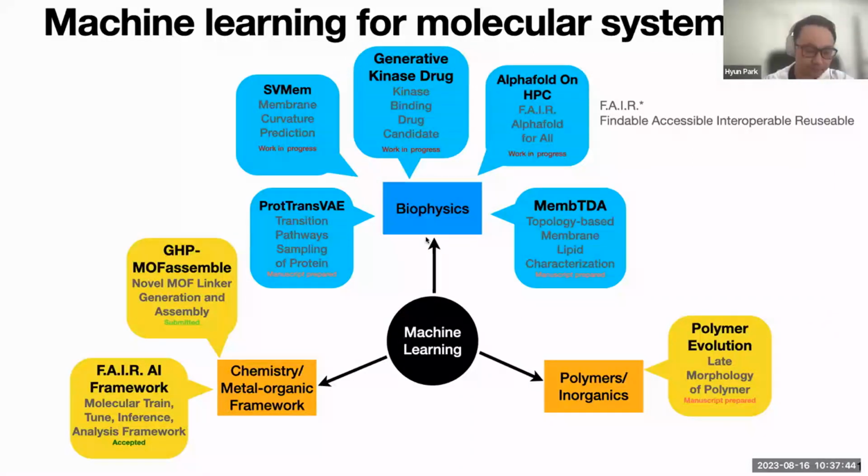But because AI and machine learning on these molecules are not confined to proteins or drug systems, it can be easily extended to other systems, such as inorganics, metal-organic frameworks, or other types of small chemistry or polymers. So naturally, I started collaborating with other very skilled PIs and collaborators.